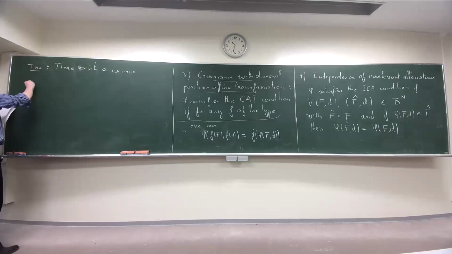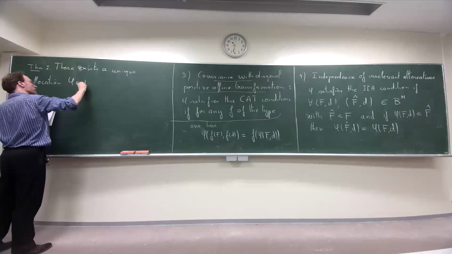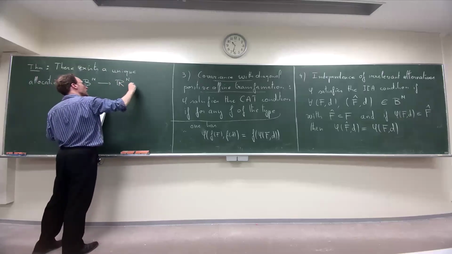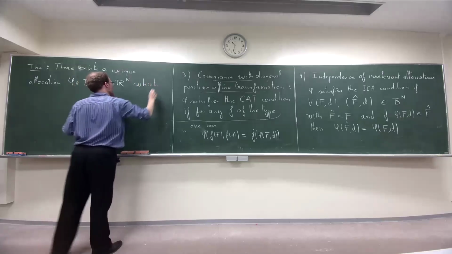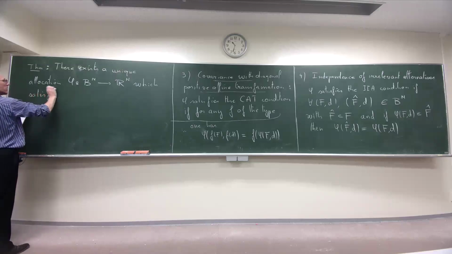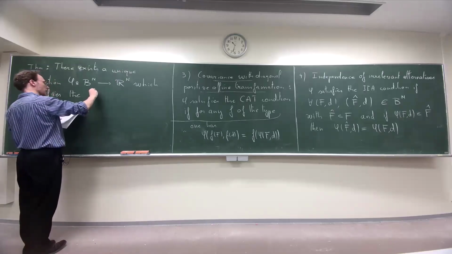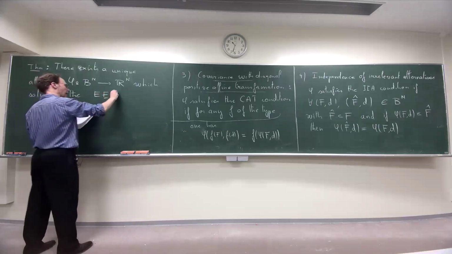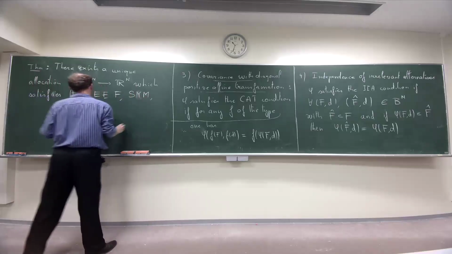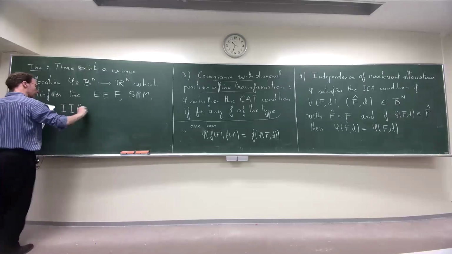There exists a unique allocation rule phi from the set of all bargaining games to Rn, which satisfies the four conditions. So the condition EFF, the condition SYM, the COV condition, and the IIA condition.